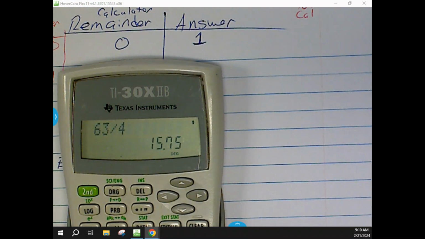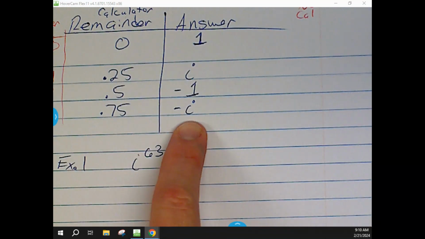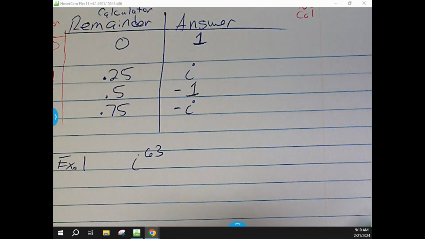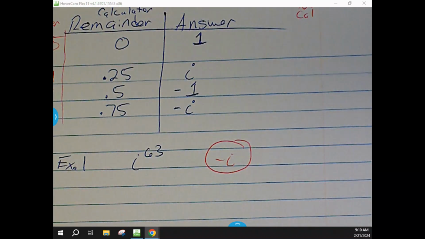We get 0.75 for the decimal remainder. With 0.75, the answer is negative I. And that's it. That's all you have to do.